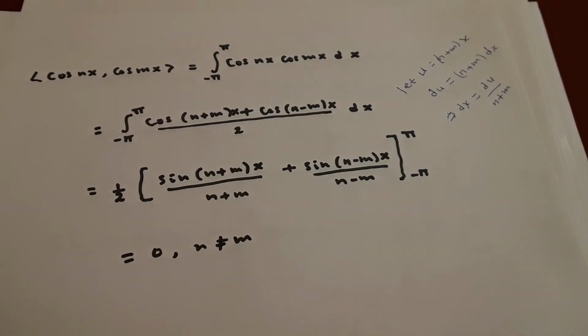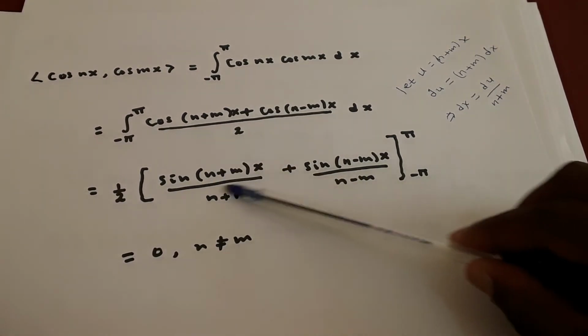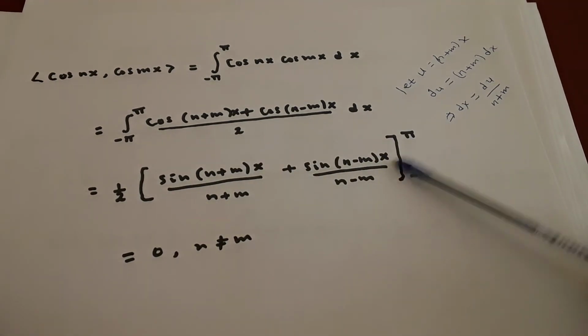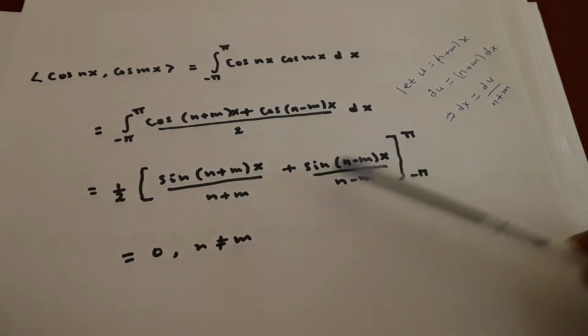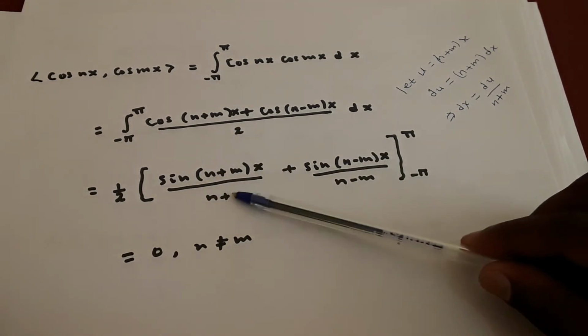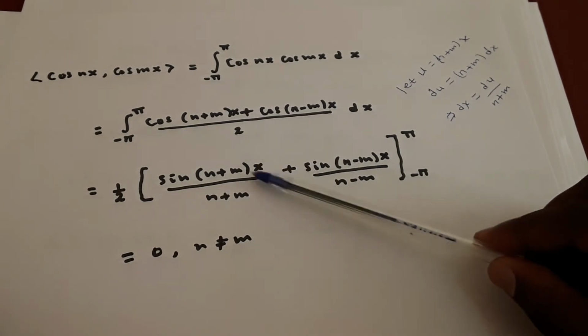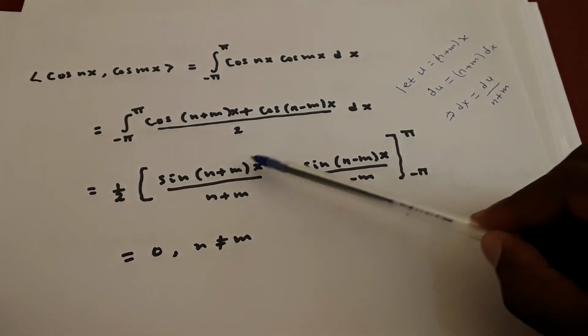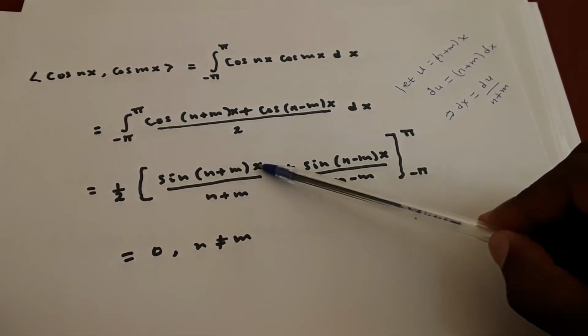So sine of an integer at pi, where x is pi. Sine of n plus m times pi means sine of an integer times pi, which is 0.